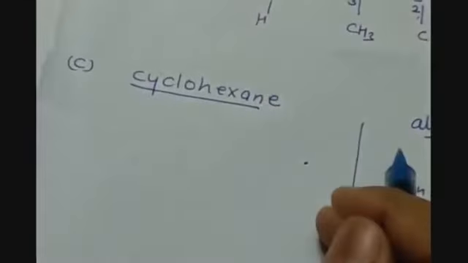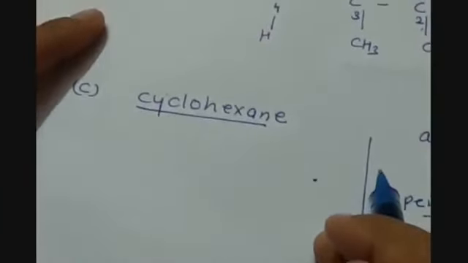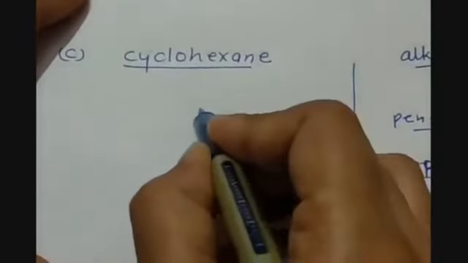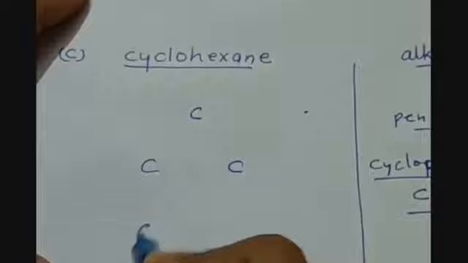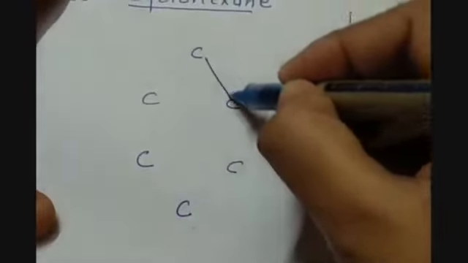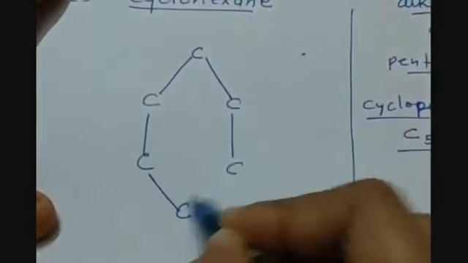Now let us do the structure of cyclohexane. So cyclohexane means there will be 6 carbon atoms. So C, C, C, and we have 6 carbon atoms. Just as it is a hexane, they will be having single bonds in between them.